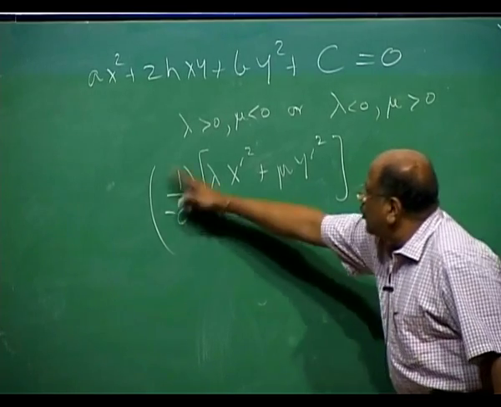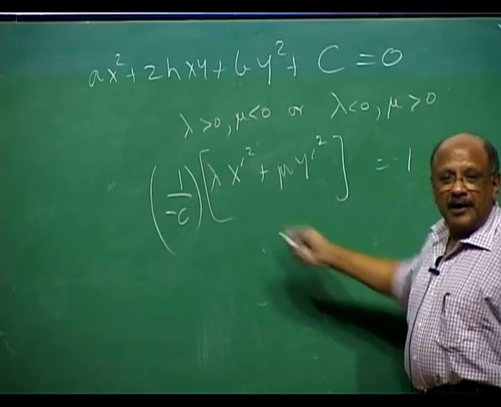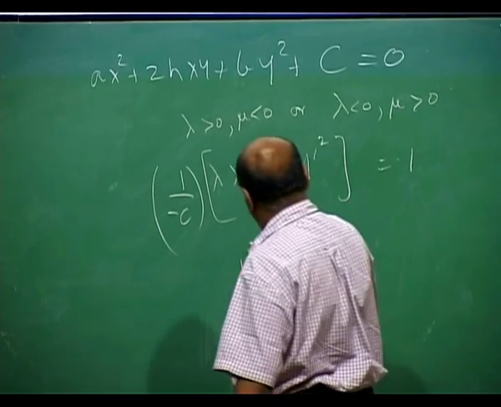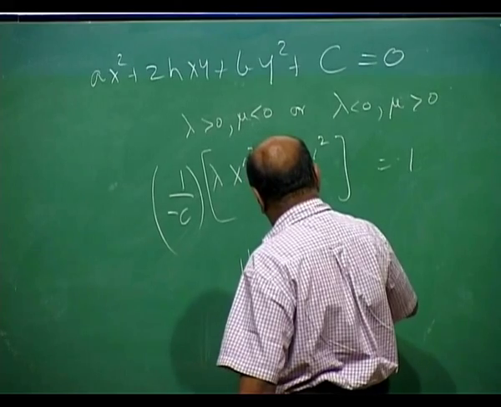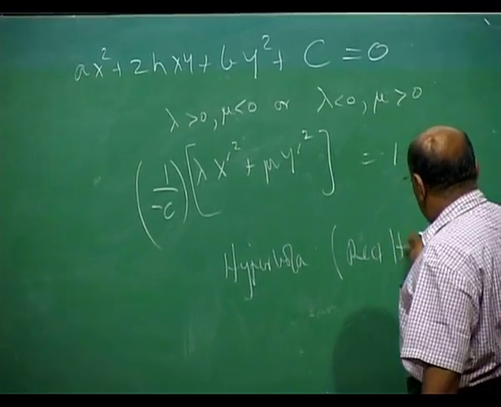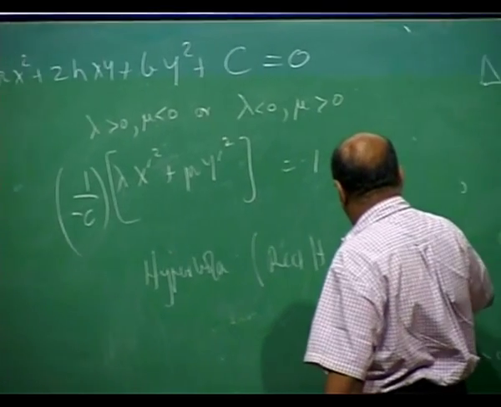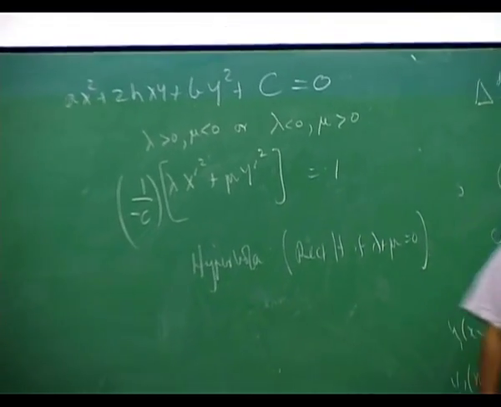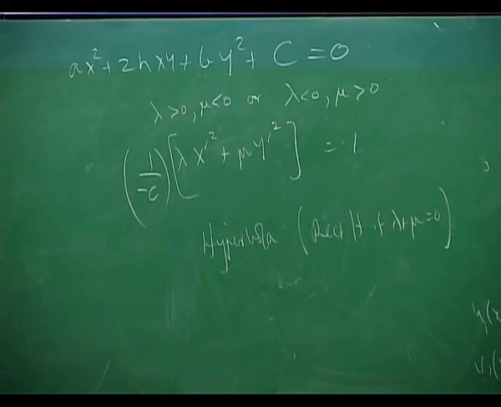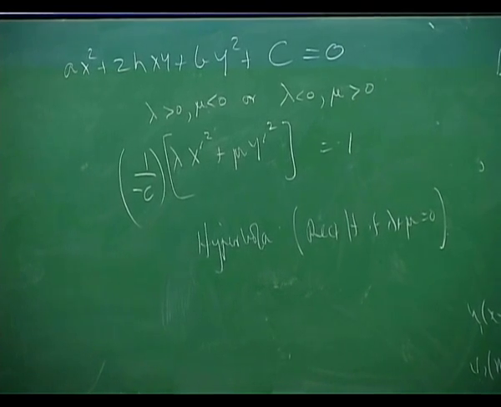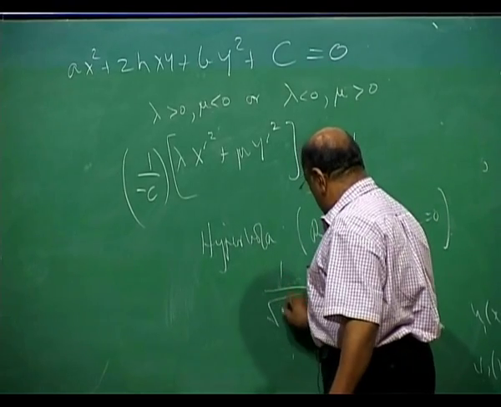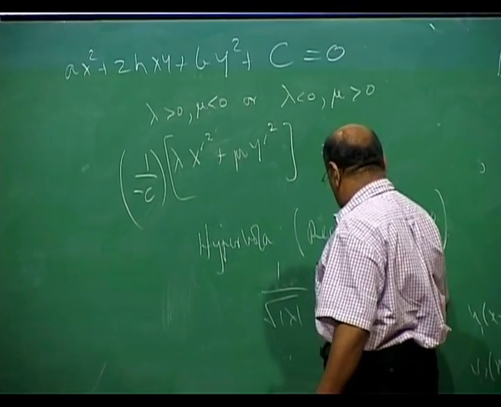So the relative signs won't change because both of them are multiplied by minus 1 by c, and therefore in this case you have a hyperbola, and a rectangular hyperbola if lambda plus mu equal to 0. Lengths of the semi-axes are again 1 over root mod lambda, 1 over root mod mu.